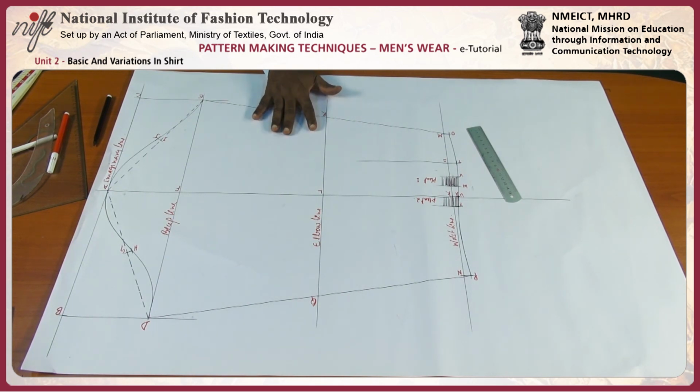In case of any errors, the draft should be rectified at this stage itself by erasing and redrafting with the right measurement. After the final drafting, the seam allowance and fold allowance are to be added as shown in the figure and in unit 4.